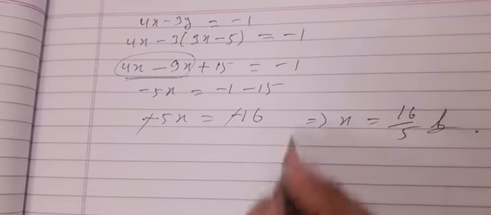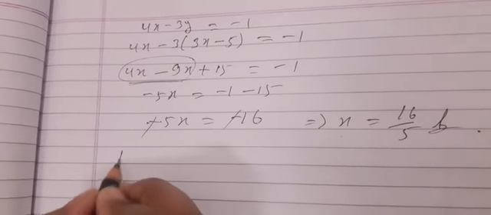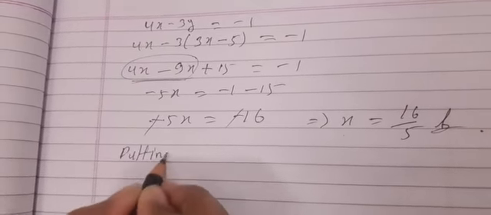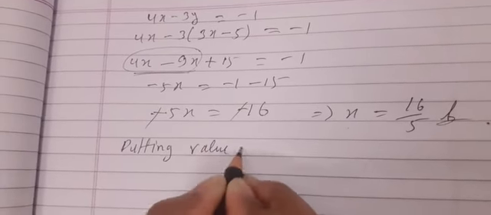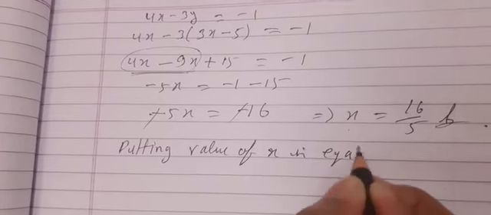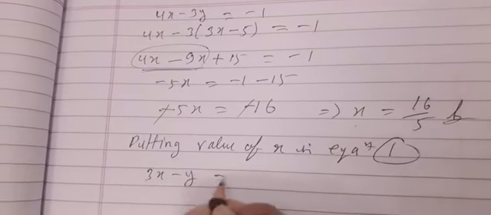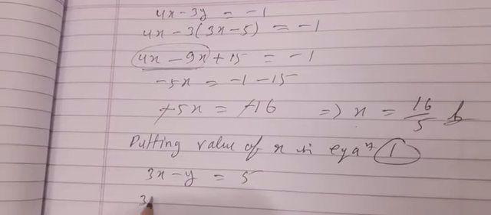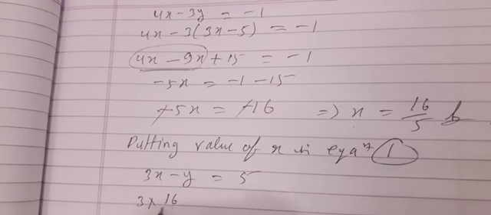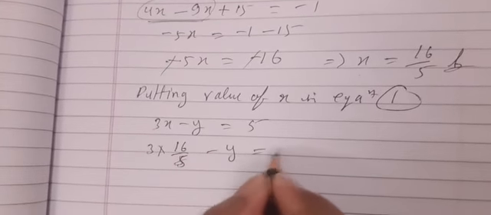We are going to put this value in any of the 2 original equations. Putting the value of x in equation 1, our equation was 3x minus y is equal to 5. So in place of x I will write 16 by 5, this value, minus y is equal to 5.